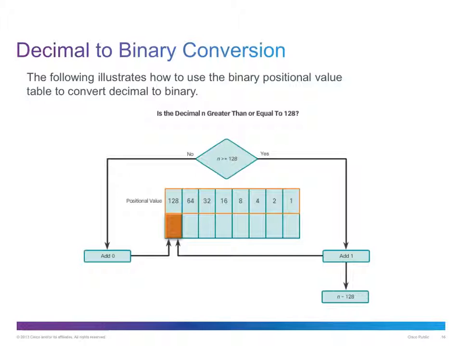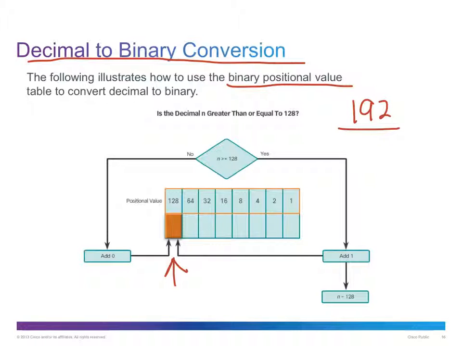Now, the other way, it's working in reverse. If you have a number that you want to convert, you've got the binary position values, and you'll see, can I take 128 out of the number? Whatever number you have. For example, if the number was 192, you would say yes.